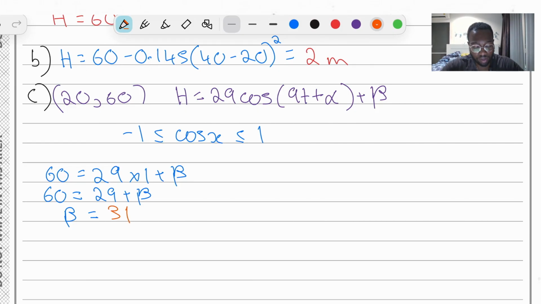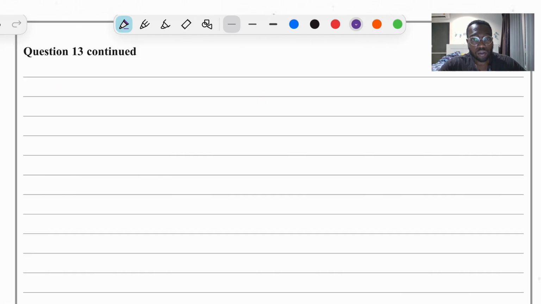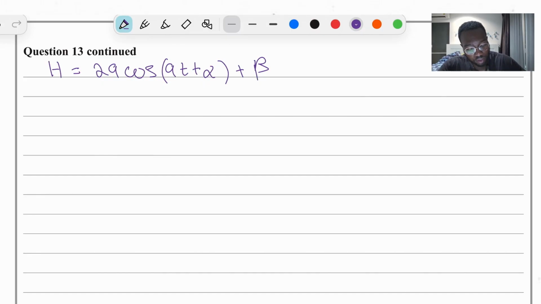Now we need to work out our alpha value. Let's rewrite this with our beta value. We have h equals 29 cos(90 plus alpha) plus beta, which we now know is 31. Now we can use the fact that it crosses (20, 60).